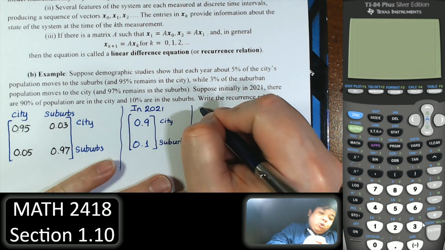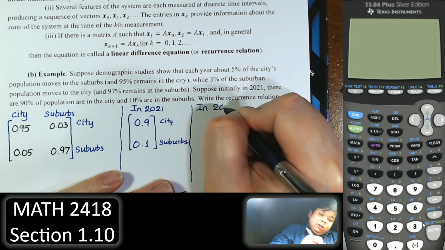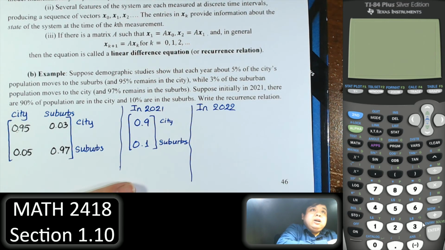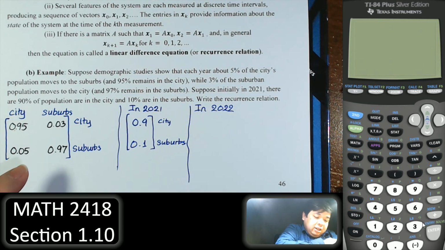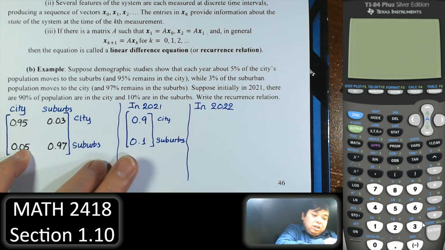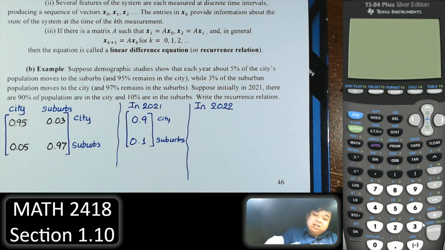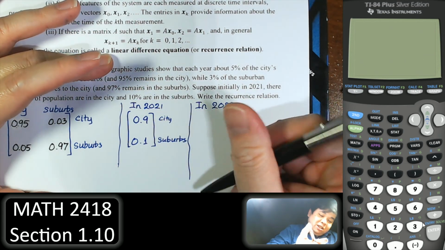Now in 2022, what we have is, we're going to take this matrix times that, and now let's write it first, and then I'll explain why it makes sense.